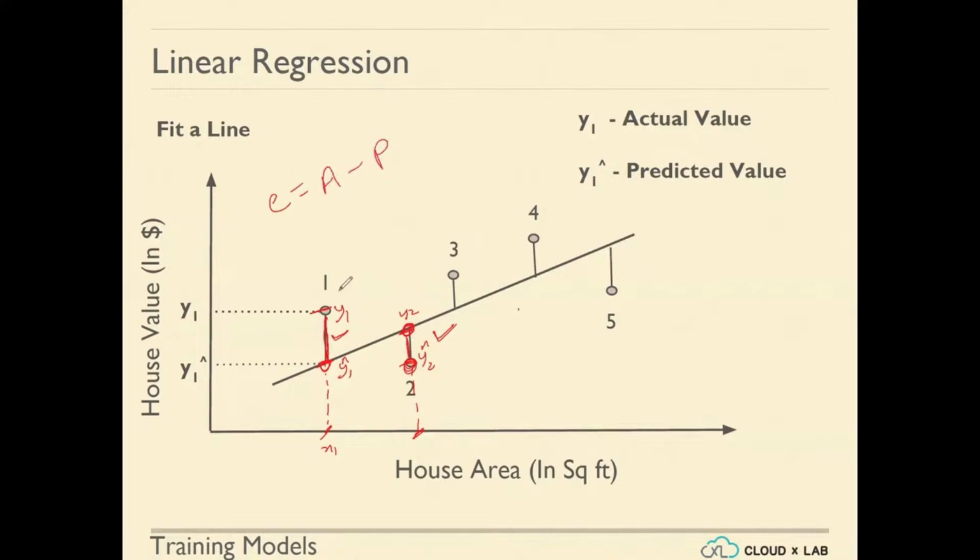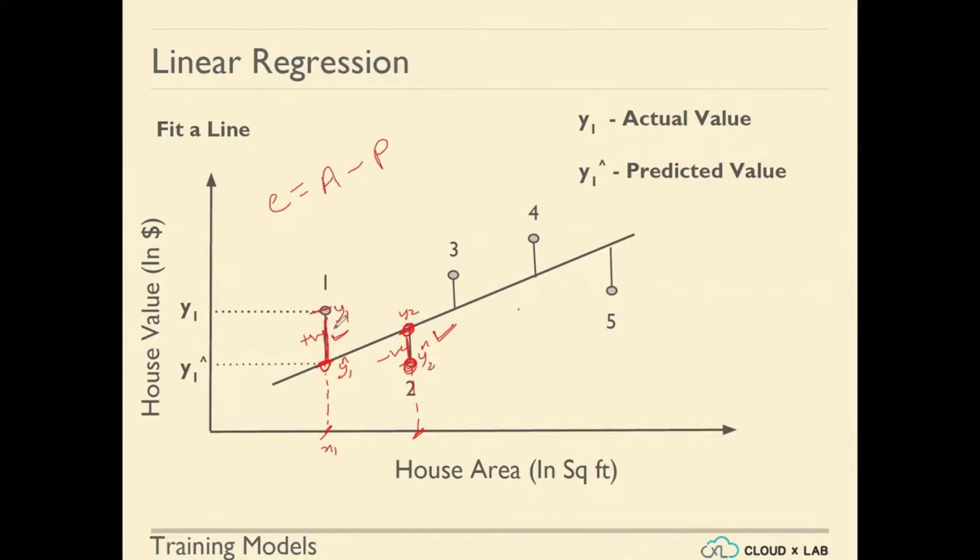The actual value is higher, the predicted value is lower, so therefore this difference is positive and that difference is negative. If you define error as predicted minus actual, then the sign will change, but the sign doesn't matter. We will not care about this sign, right? So what I mean is, error can be positive, can be negative, depending on whether you define error as actual minus predicted or predicted minus actual. It doesn't matter.